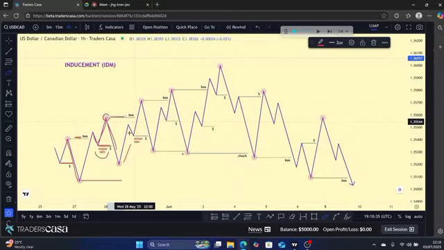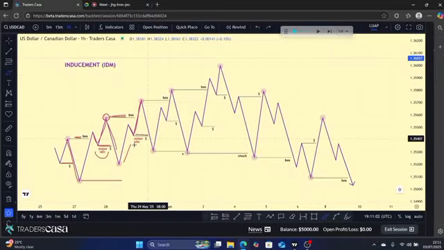Then here we can see this is the recent valid pullback, and the sell side liquidity resting below here is what we call the inducement. Now let's identify whether it is a major inducement or a minor inducement. Like I said, if it's formed before the break of structure, and you can clearly see that's the break of structure, and this pullback is formed before it, that's the reason I marked it as minor inducement.